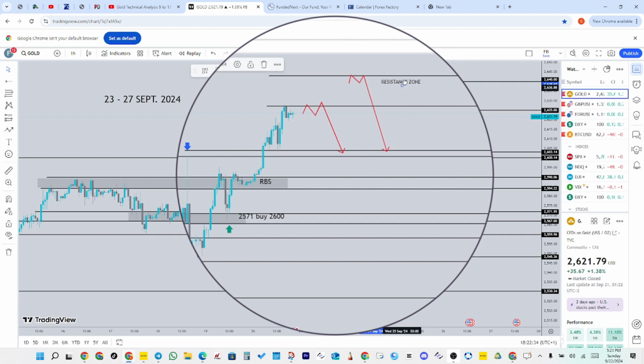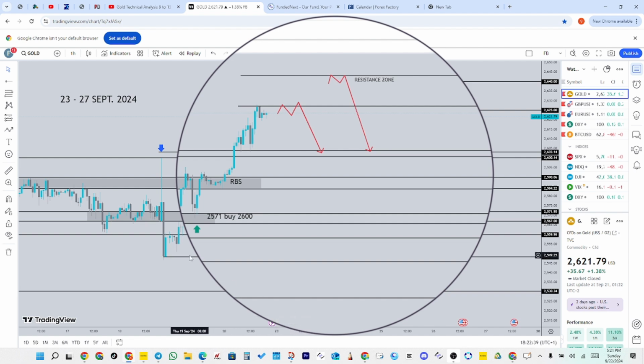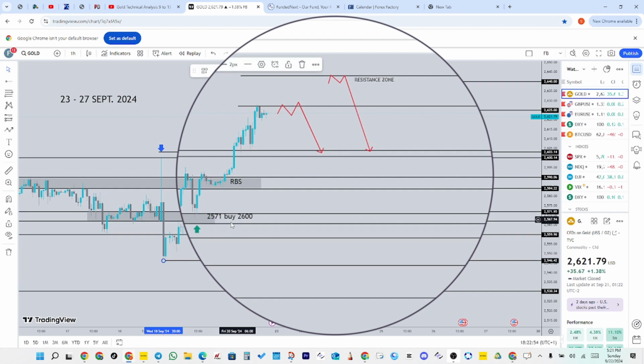So we can use this area, and then I am going to use 2540. Let me bring it down to the weekly. So 2545, let's work with that figure. So that is the support area.